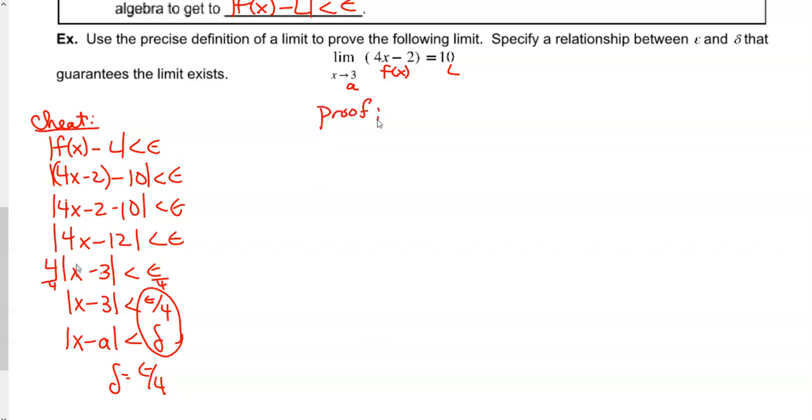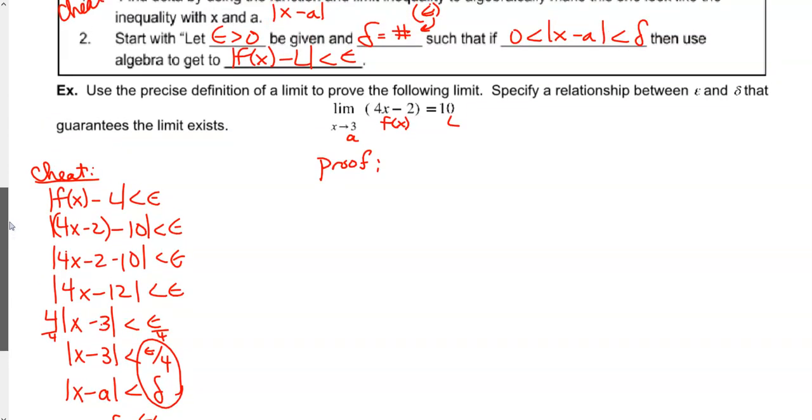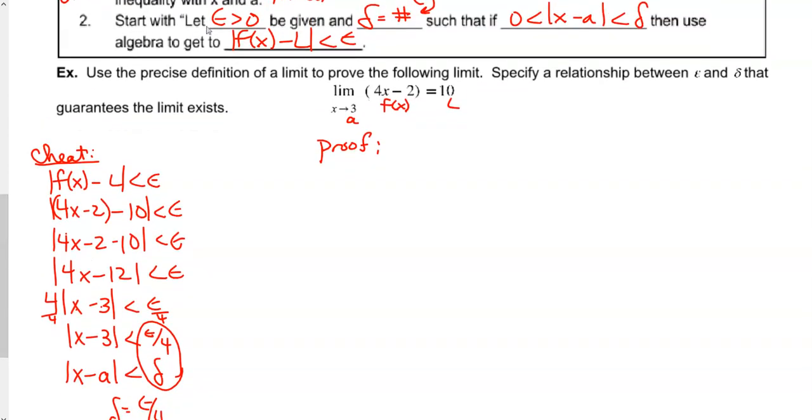So go back, I'm going to scroll back up here to get this little step right here. I want you to say, let epsilon be given and delta to equal, in our case, epsilon over 4. So we're going to say, let epsilon greater than 0 be given and delta equal epsilon over 4. Of course, there's a delay, sorry.